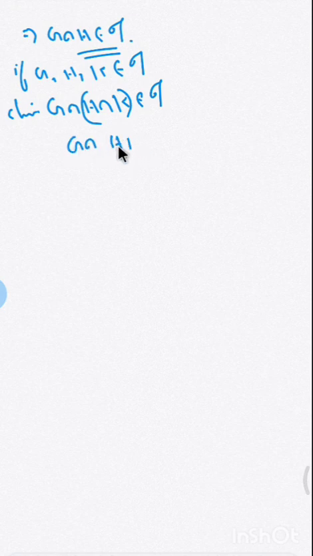Then we have H1 belongs to tau and G belongs to tau. H1 belongs to tau by the previous argument, H intersection K belongs to tau. So by the same argument, G intersection H1 also belongs to tau.